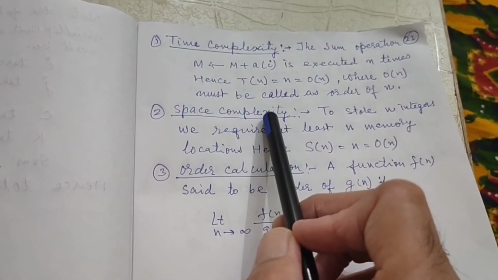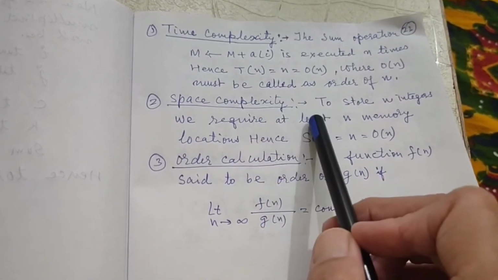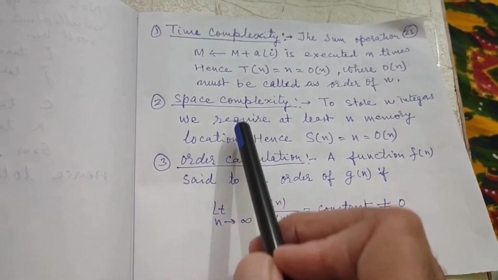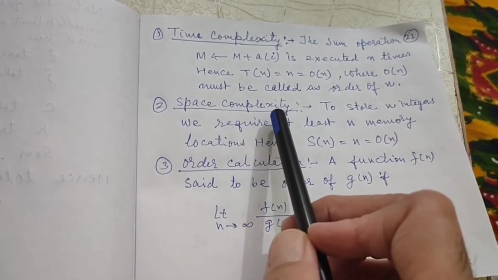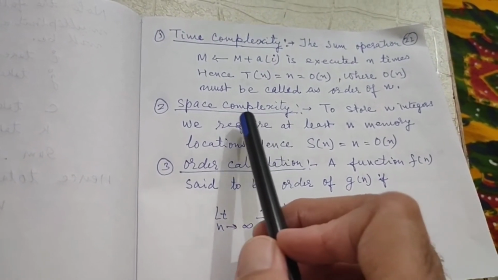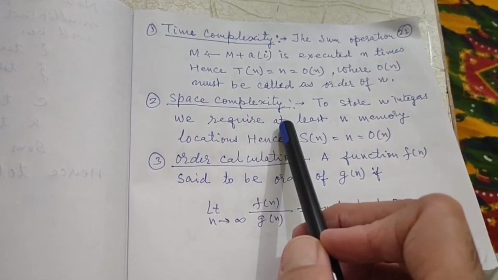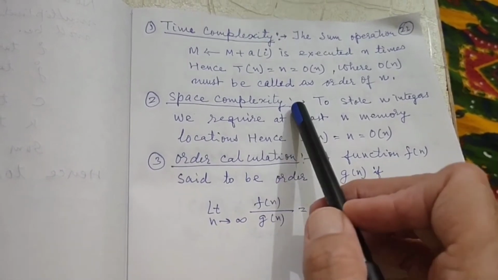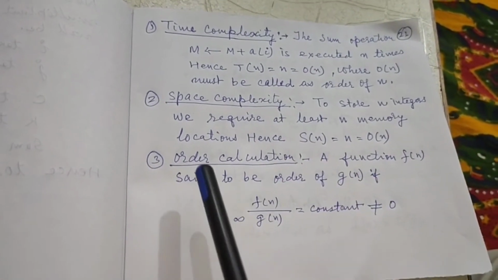Space complexity will be dependent on the compiler under which we are going to execute the algorithm or program. For C, integer will take 2 bytes, float will take 4 bytes, long integer will take 4 bytes. Therefore, space complexity will depend upon the requirement of the compiler.